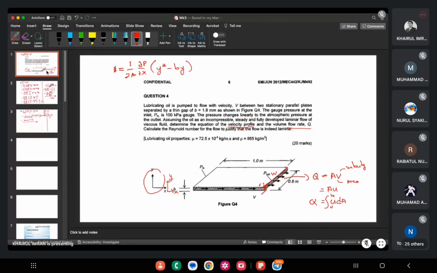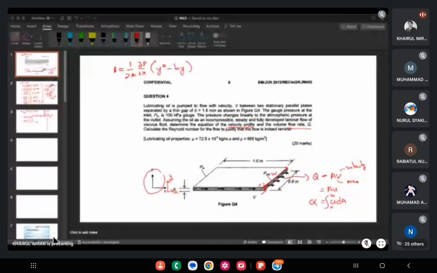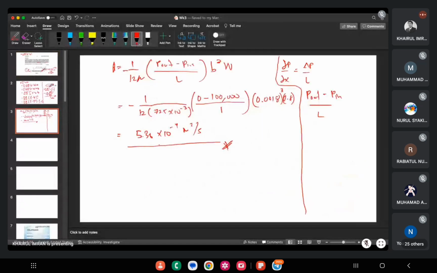Next is determine the Reynolds number. In terms of Reynolds number, since you already have the value of Q, so Re. First you already have Q, so V is actually Q divided by area.